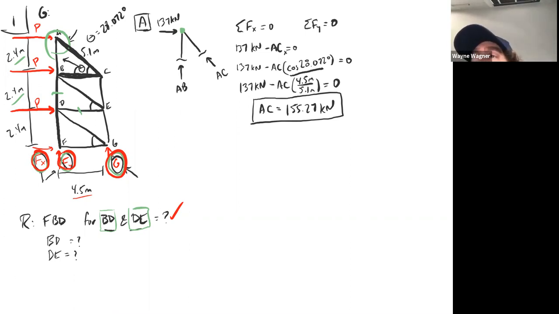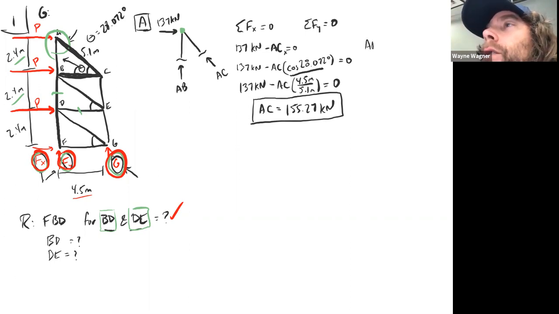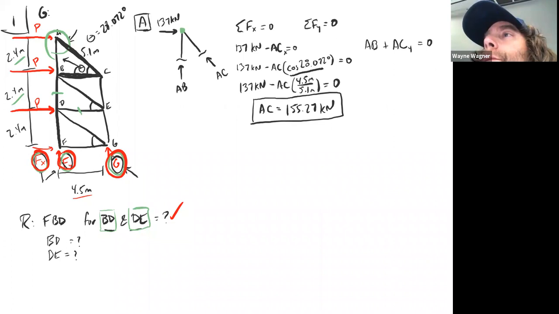Now we're going to do the forces in the y direction. We've got AB, which is positive, plus AC in the y equals 0. AB is what we're solving for here. AB plus AC, which is 155.27 kilonewtons, times the sine of that angle, 28.072 degrees, equals 0.